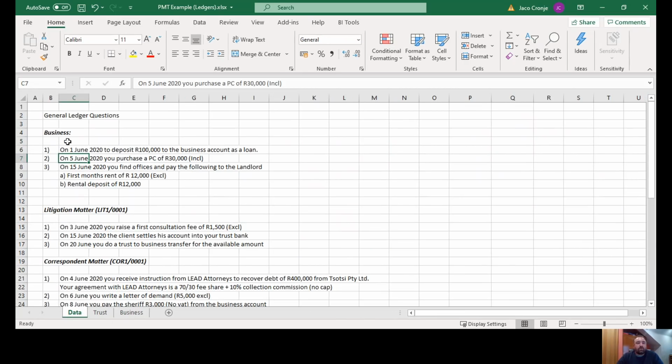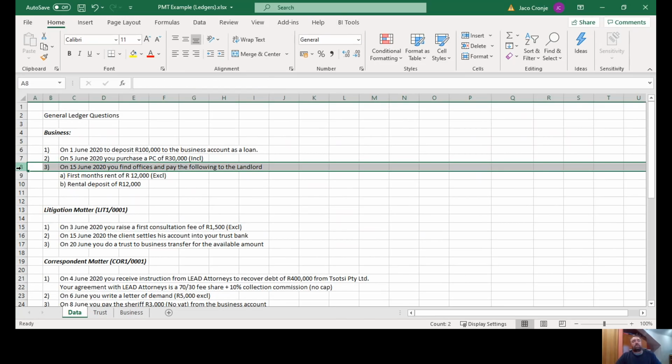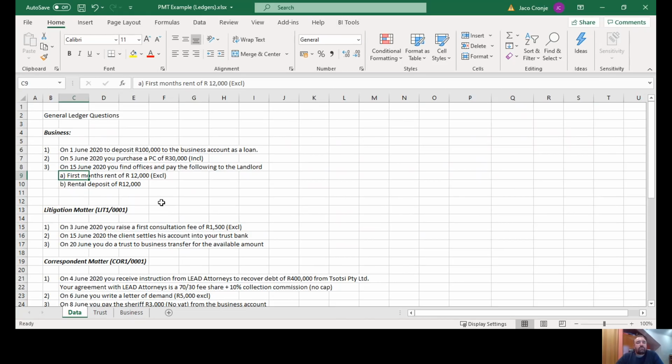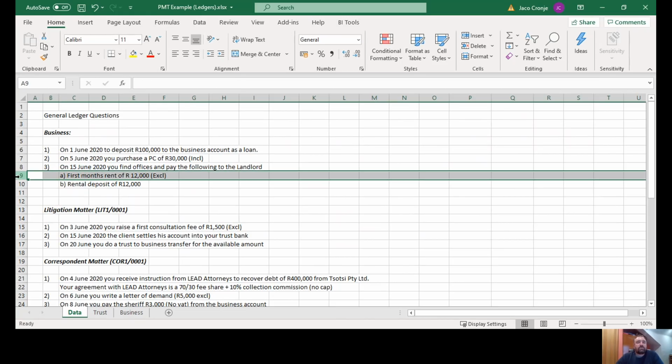Okay, now let's go on to transaction number 3. On the 15th of June, we find offices and we pay the following to the landlord: first month's rent of 12,000 Rand and our rental deposit of 12,000 Rand.